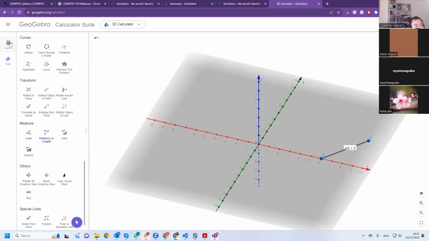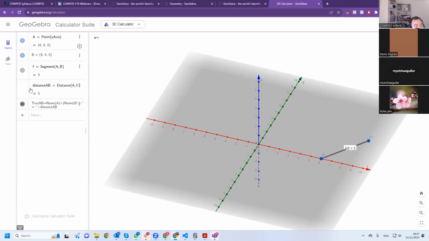And actually, if we are really clever, we can do tricks.